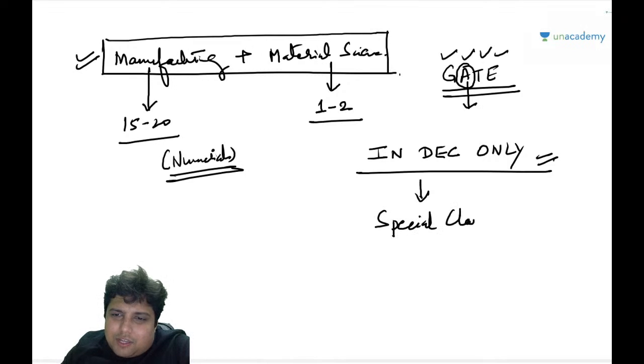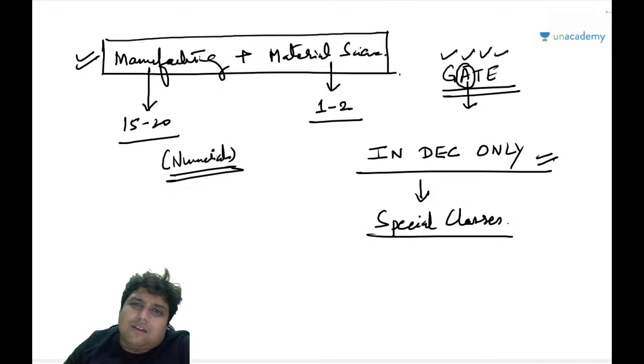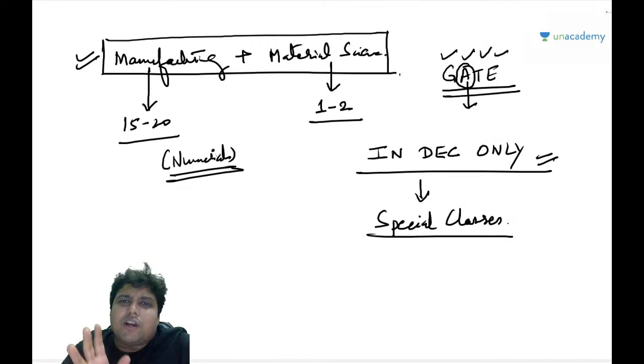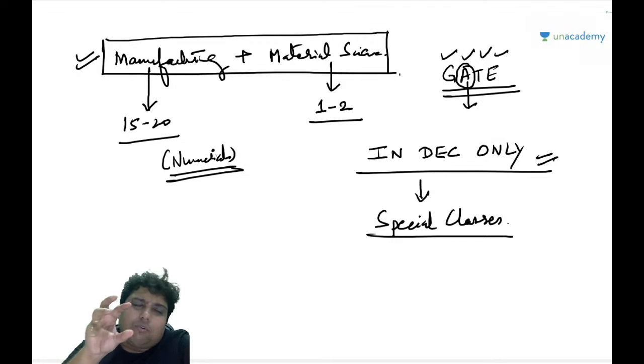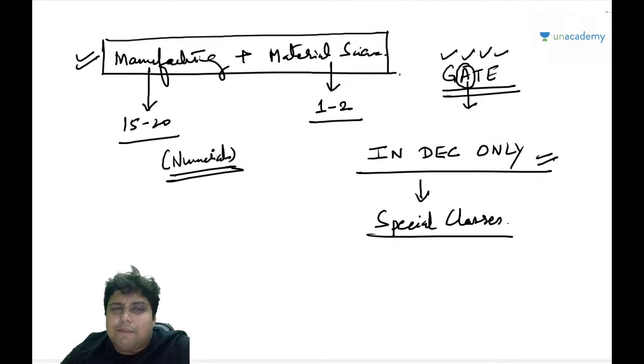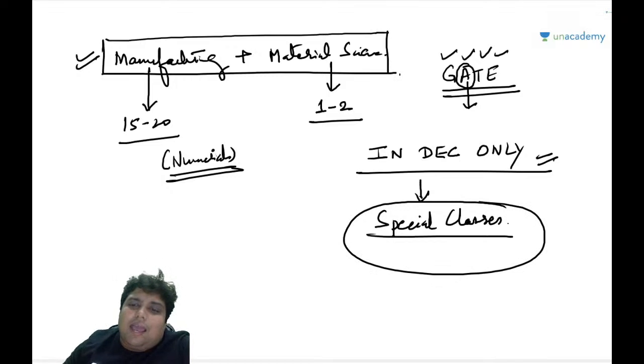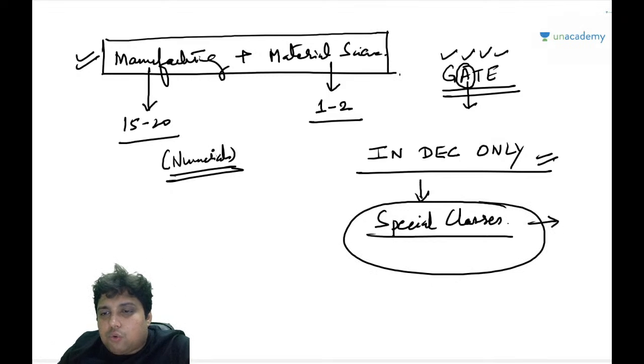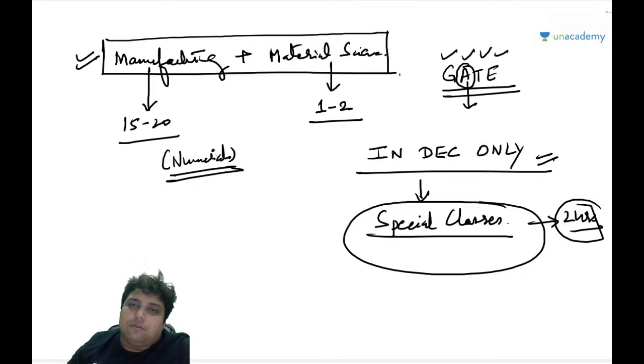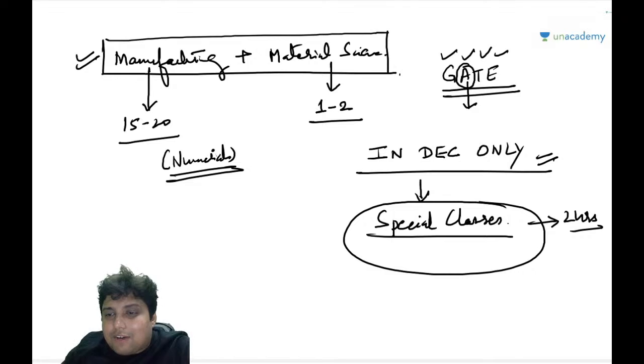Because remember, I do not enjoy the YouTube classes, and the YouTube sessions are distributed among the teachers on this very particular GATE channel, Unacademy GATE Mechanical. And on YouTube, I only get 1 hour 30 minutes daily, which is not going to be sufficient. But if I go for special classes, I can very easily manage 2 hours of daily session, 2 to 3 hours.